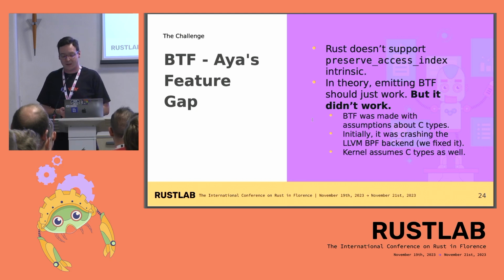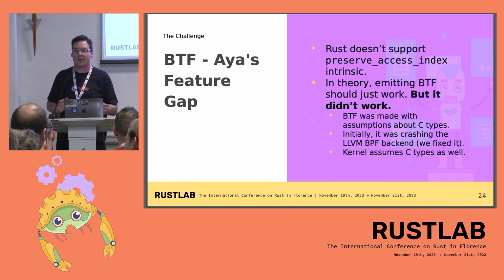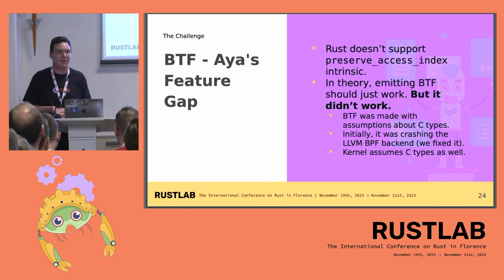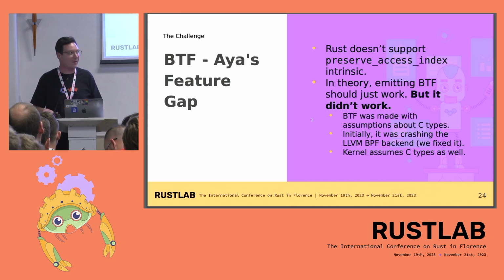The other obstacle was that, even though in theory Rust is using LLVM as the compiler backend, you should be able to just enable debug info, using the debug equals option, and that should produce BTF.